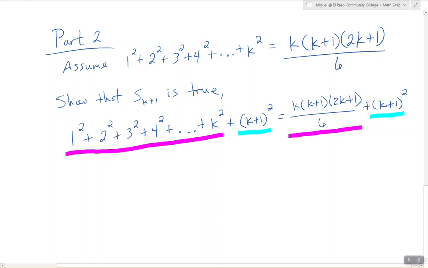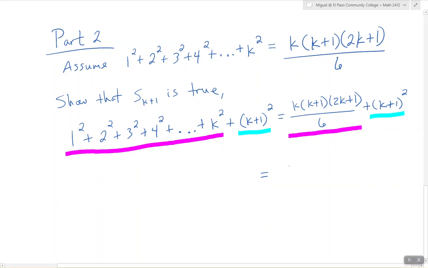All right, let's work on this right side. What would be better? Should we get the same denominator? So let's say we do a denominator of 6 on that term I added.